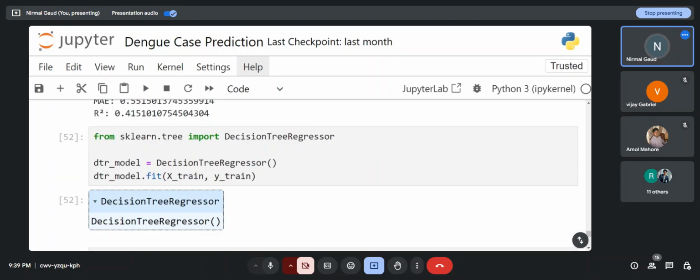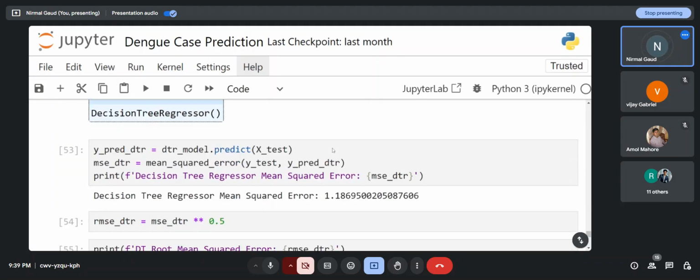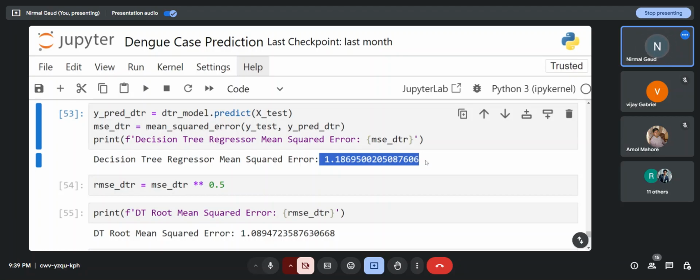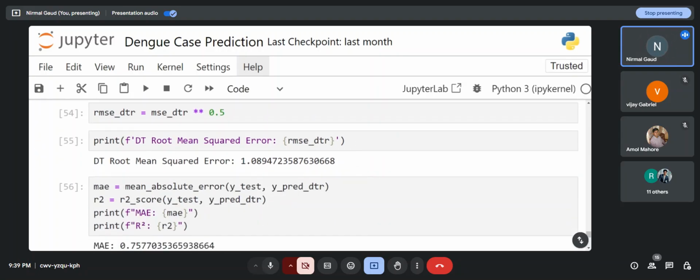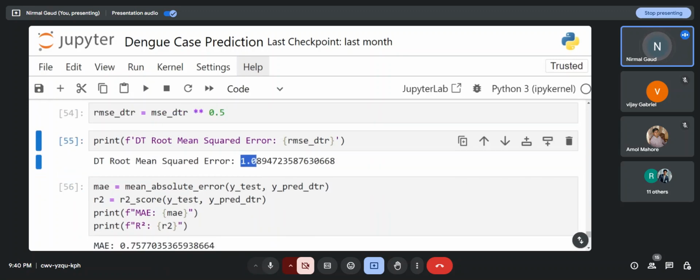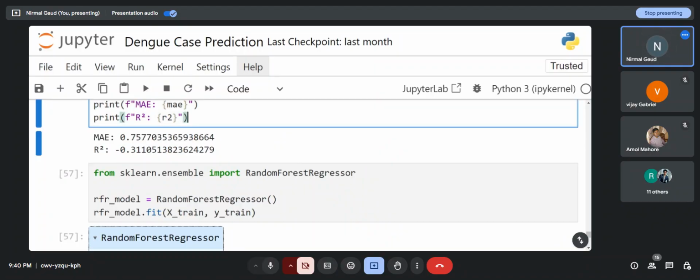Okay, I tried with decision tree regressor also. With decision tree regressor, the error is coming 1.18. Here the error is a bit big, 1.18. Not so much, but it is. I calculated root also, it is 1.08. I calculated MAE, so if the error is more, you can go ahead with MAE.